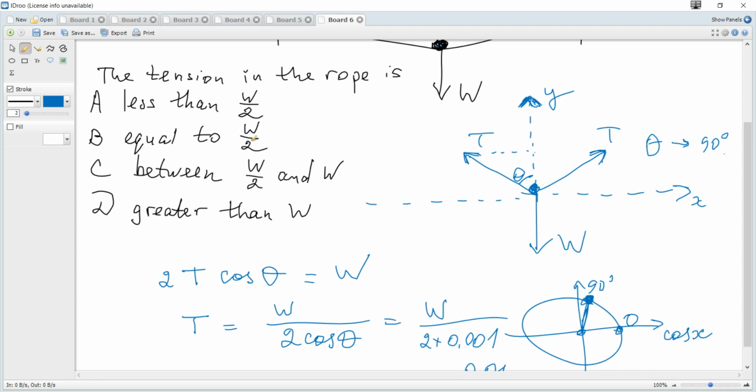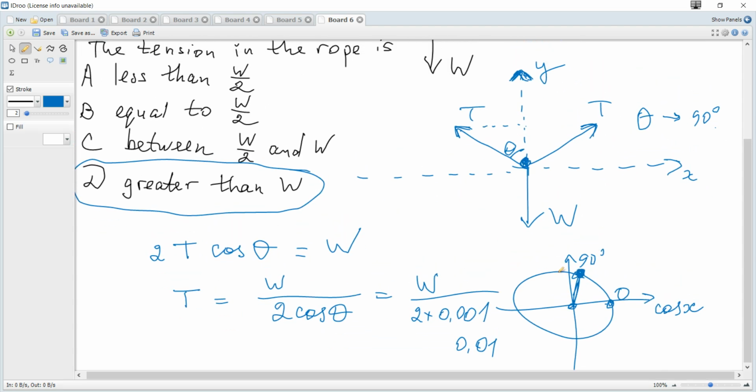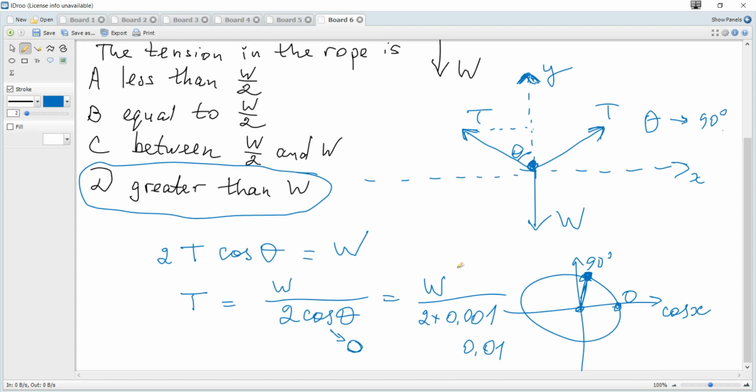So definitely it's not less than W over 2, not equal, no, definitely it's greater than W. Or just cosine tends to 0, when denominator tends to 0, the result tends to plus infinity, so it's a very large value. And that's all for this question.